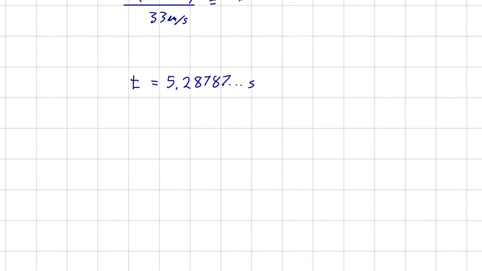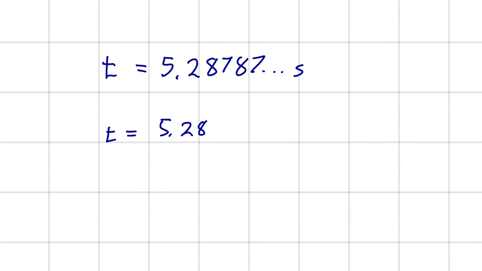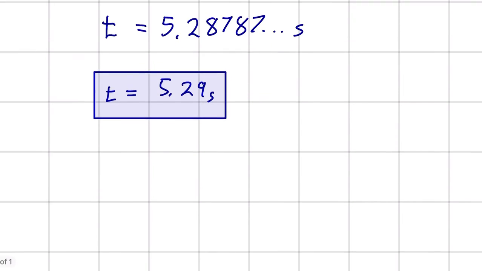So 3 significant digits on that is going to be time is equal to 5.29 rather. This 8 here is going to get rounded up because of the 7, so 5.29 seconds. That will be our final answer.